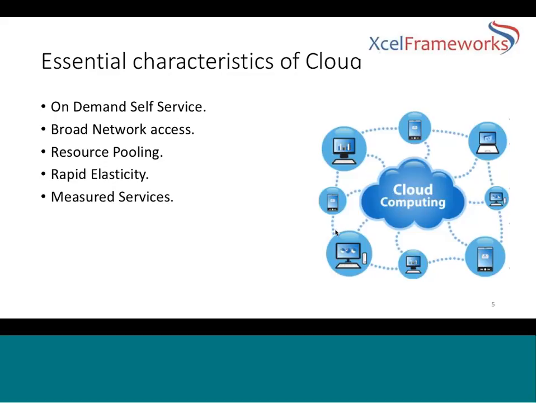Rapid elasticity means growing to meet the need and decreasing in order to save your resources or your cost. That is also one of the essential characteristics. If I say that a particular infrastructure which I am terming as cloud does not have elasticity, it is not cloud. It does not fit under the term cloud, right?